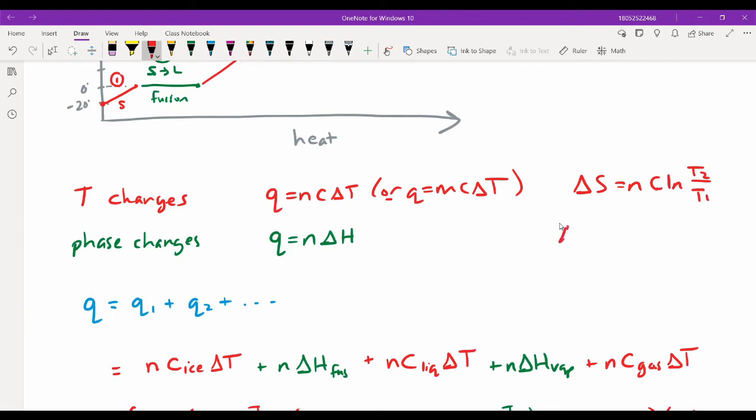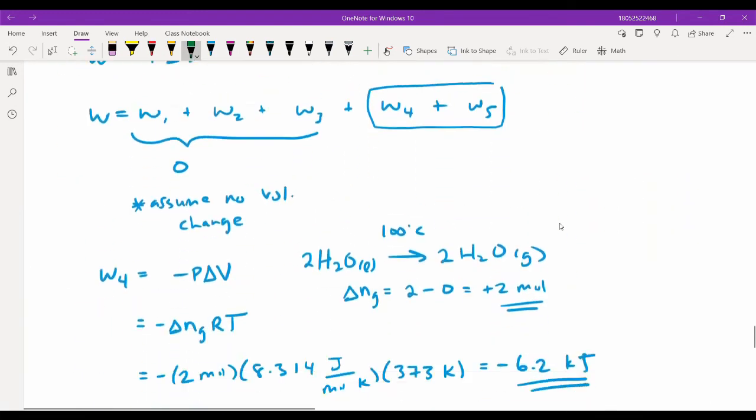And for phase changes, similar to heat, this is going to be n delta H, except we're going to divide it by T. If you remember, delta S is like Q reversible over T. That's essentially where this comes from. So for temperature changes we have an equation for Q and an equation for delta S, and same thing for phase changes. And it's going to be very similar where we just go back and forth.